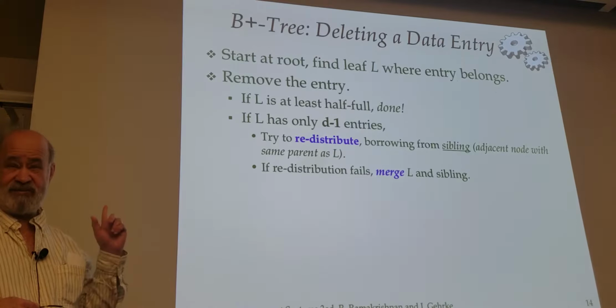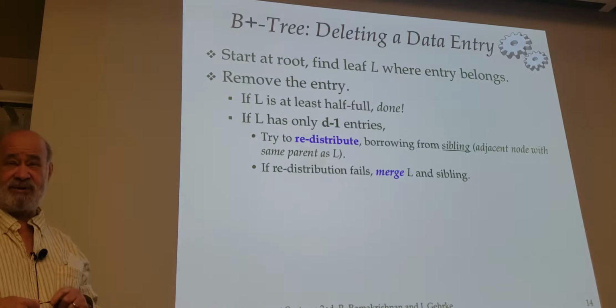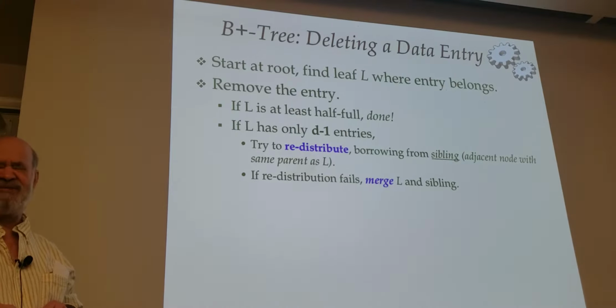This is why the sibling thing, which was a useful technique on insert, is critical on deletion. So if there's enough room, cool. If there's not enough room, see if you can steal with the sibling, with your sibling still being okay. You're not going to make yourself okay at the cost of your sibling. That's not fair.